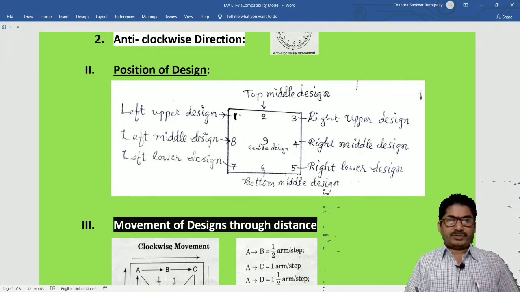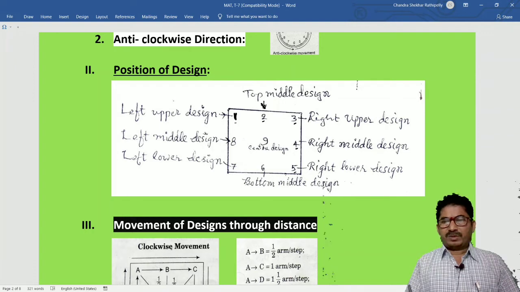This position is top middle design. This is right upper design. This fourth one, right middle design.